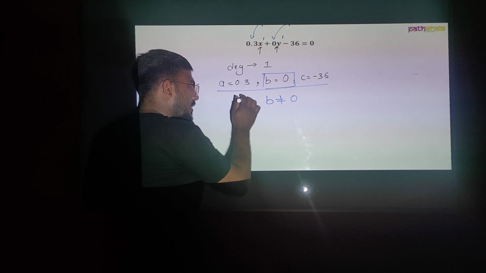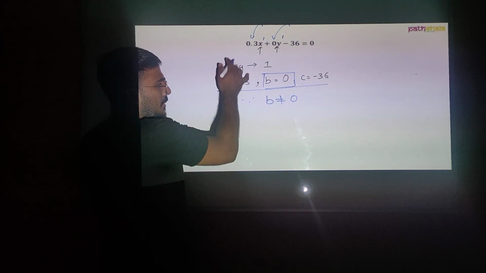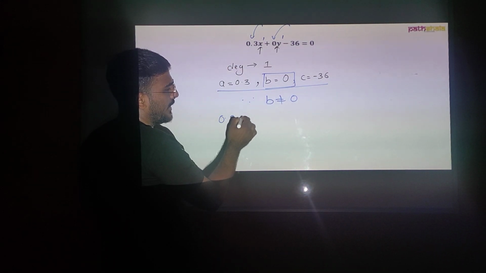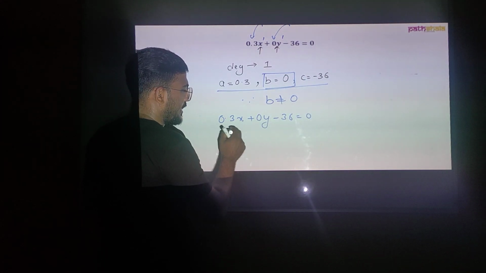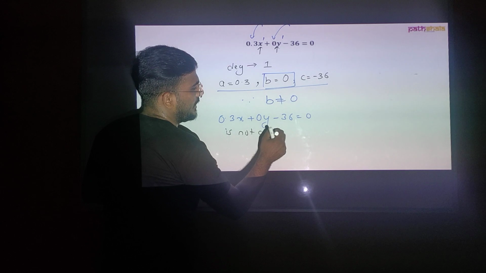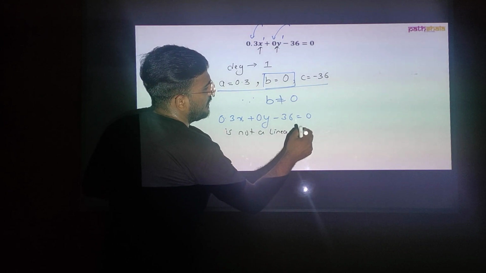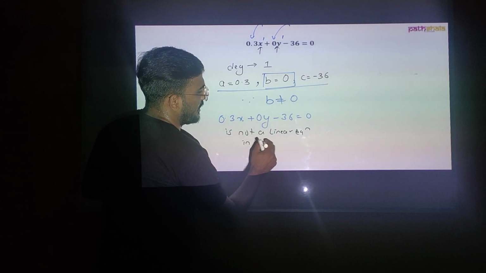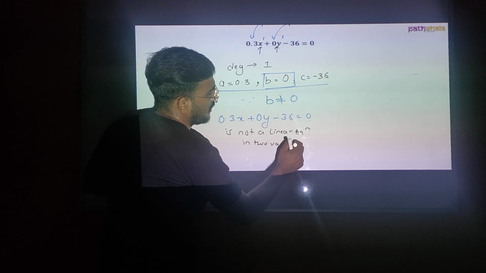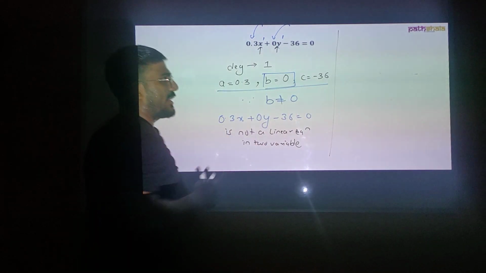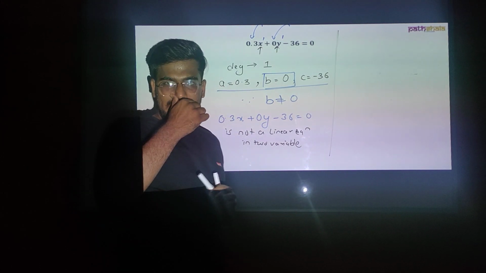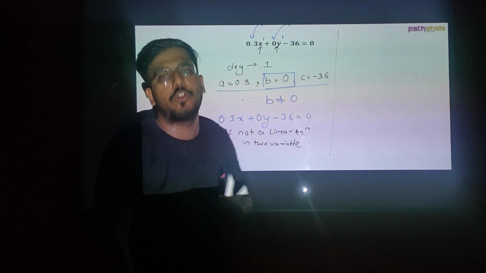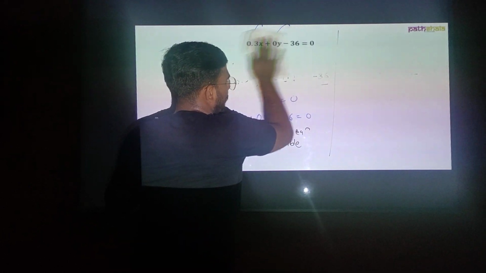Now since b cannot be 0, the above sum, that is 0.3x plus 0y minus 36 equal to 0, is not a linear equation in two variables. Both, or all, the conditions should be satisfied to get the answer. So this was one of the examples which shows how a linear equation cannot be formed. Hope it is clear to you, children.